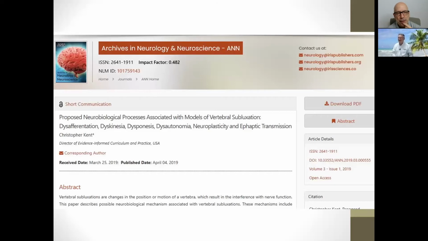When you go speak to places, do they see the vertebral subluxation as something brand new to them? And do they also see it as filling in the blanks for a whole bunch of ideas that they had previously? Depends on where they went to school.